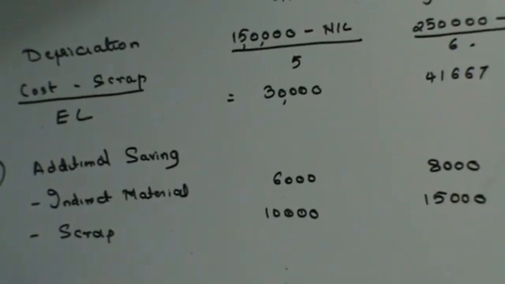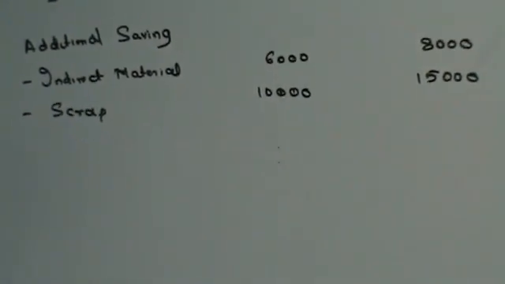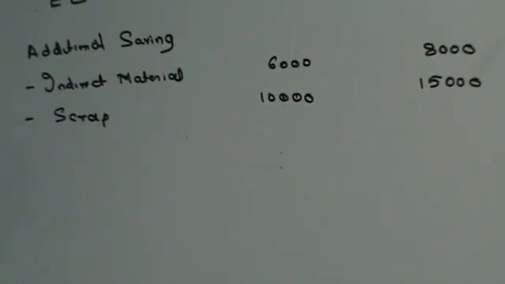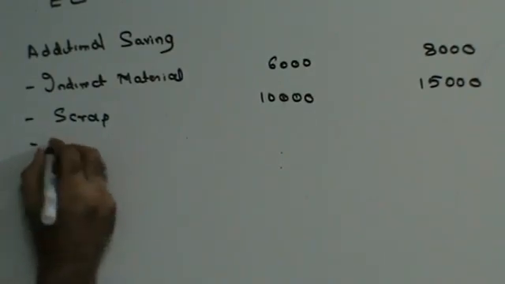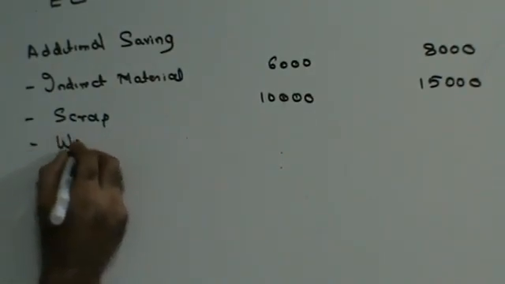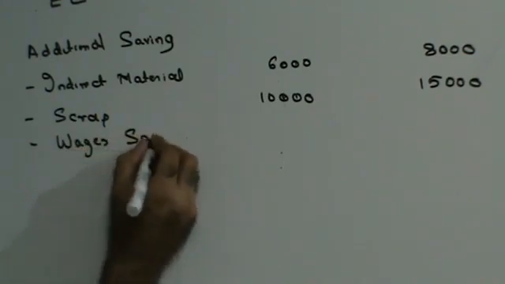Then they give you employees not required, 15 and 10, and wages per employee. So you are going in for retrenchment of employees. You are removing employees. The salary that you are going to pay them is going to be saved now. So this is wages saved.